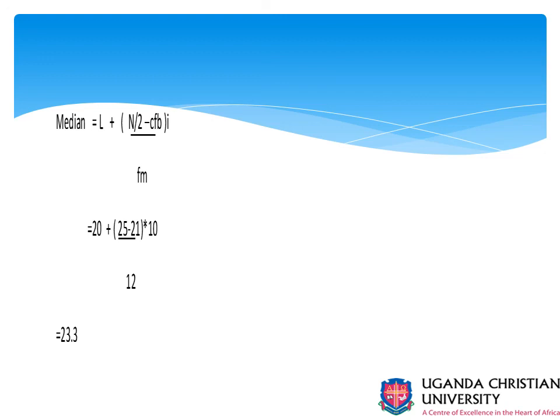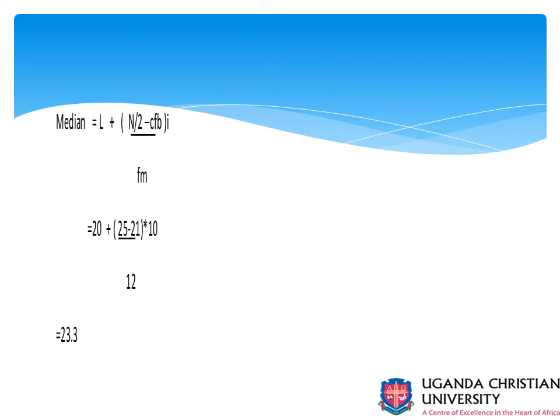So it's 25 minus 21, divided by 12, multiplied by the class size, which is gotten by subtracting the lower class limit from the upper class limit, and we got 23.3.